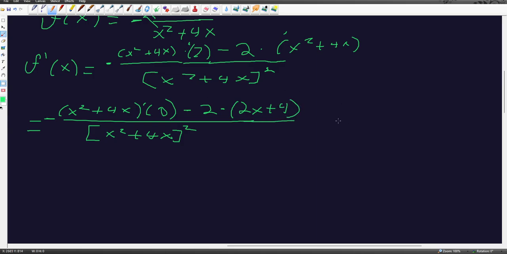We can simplify this even further as 0. Basically, remember we had a negative in front, the negative in front of this function here made it into a positive.